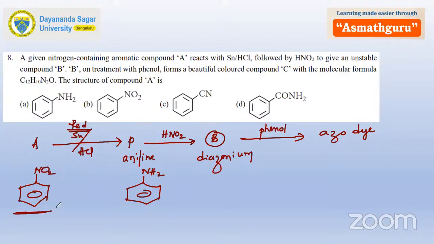So A should be nitrobenzene. That is option B. Because diazonium salts are formed only from aniline, and diazonium salt reacts with phenol to form azo dye. These are colored substances. In this case, it's an orange color dye. And aniline can be obtained only by reduction. Then the compound should be nitrobenzene.